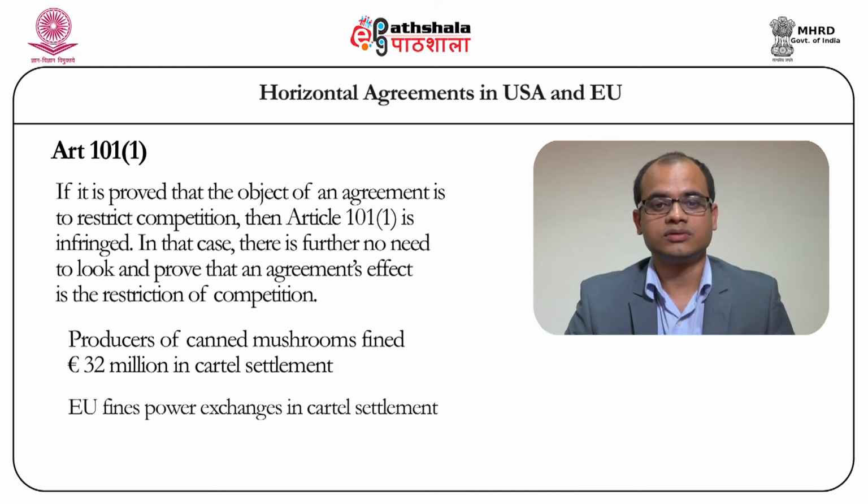Agreements between actual or potential competitors benefit from the safe harbor provided that the market share held by the parties to the agreement doesn't exceed 10% on any of the markets affected by the agreement. And for agreements between companies that operate at different levels of the supply chain, which are mostly covered in distribution agreements, the market share for such safe harbor is 15%.